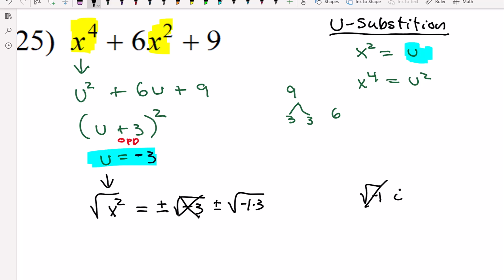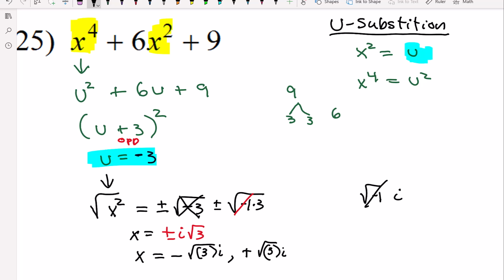It's i, positive negative i. So this right here becomes positive negative i times the square root of 3. So x is equal to negative root 3i and positive root 3i.